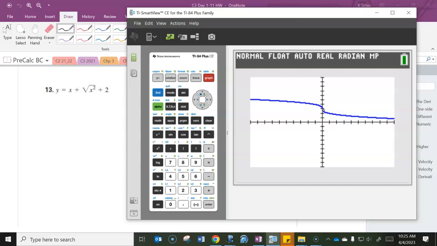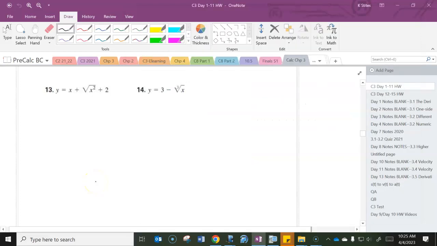But in terms of the proving it, you are going to have to use your left and right hand derivatives. So we're going to start with our left hand derivative. And you can use difference quotient, but I actually feel like the alternate definition of derivative is easier here.